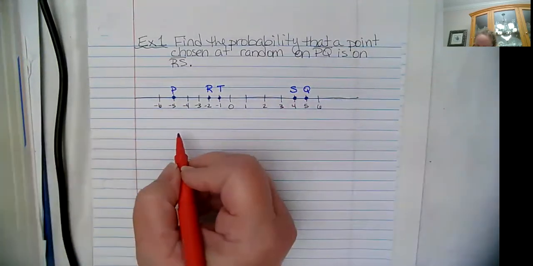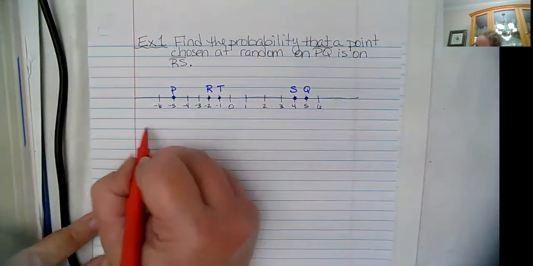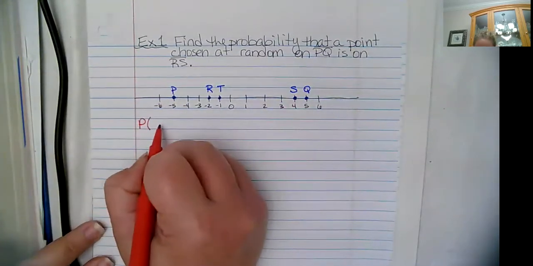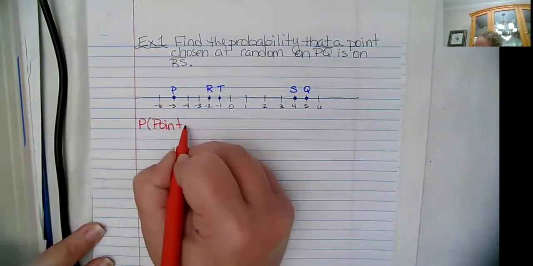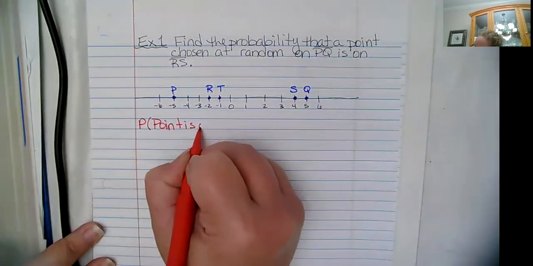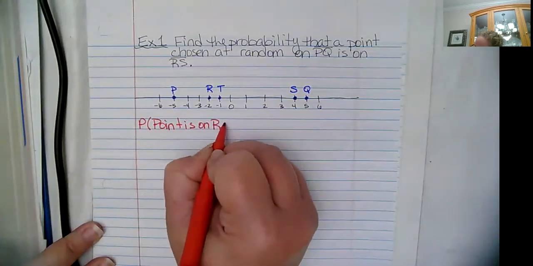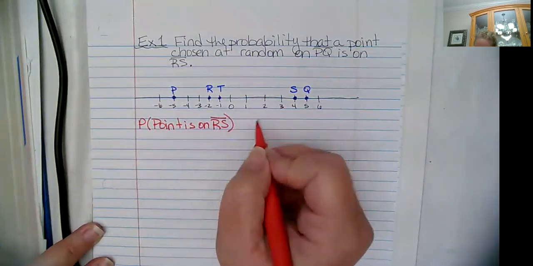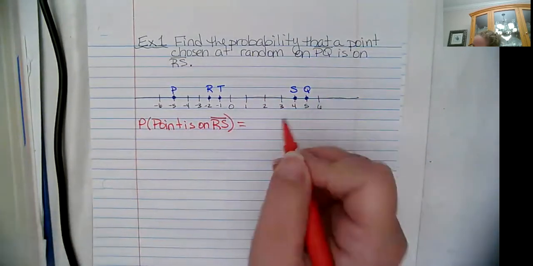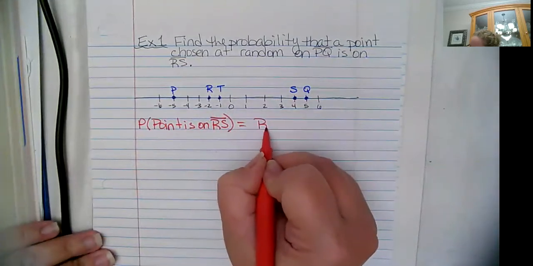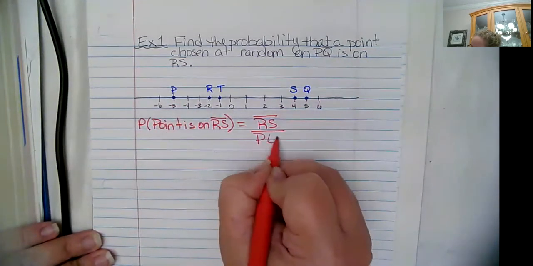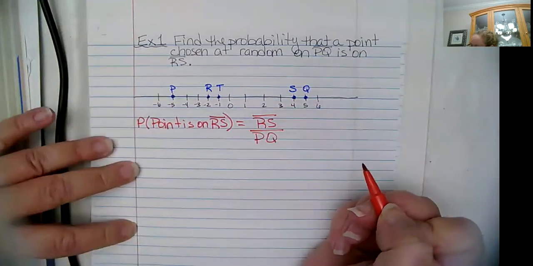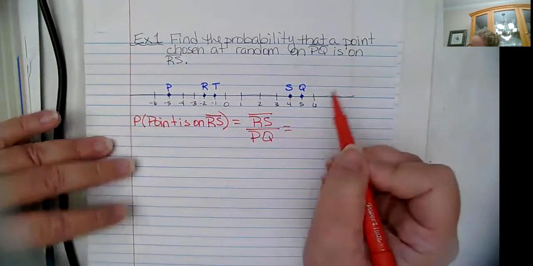So according to our probability, the probability of a point is on RS is equal to, well, that length over PQ. So we have to figure out what those distances are.